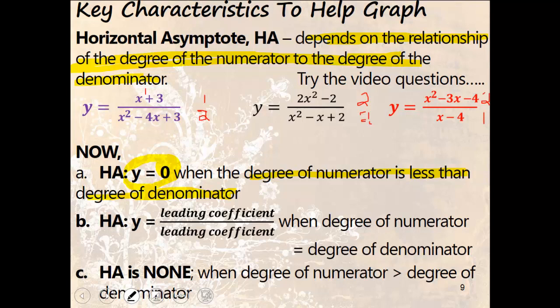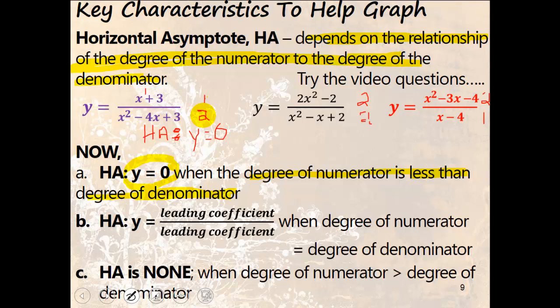So in this case, the degree of my numerator was 1 and the degree of my denominator is 2, so my horizontal asymptote is y equals 0 because the degree of my numerator was smaller than the degree of my denominator.